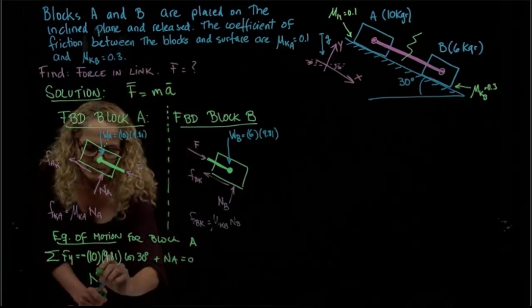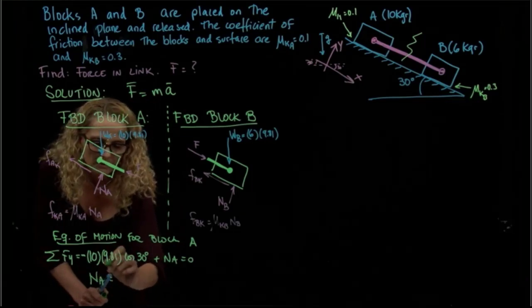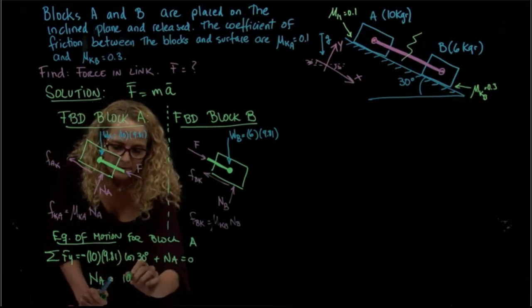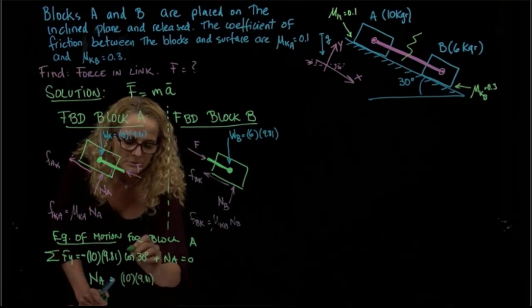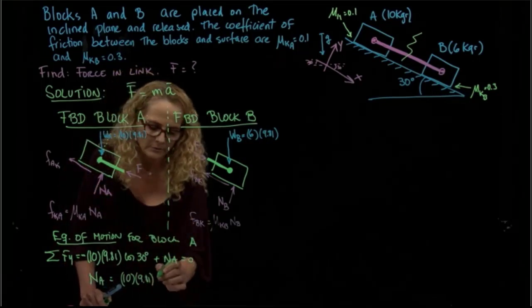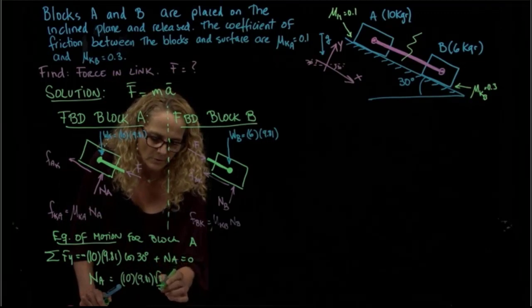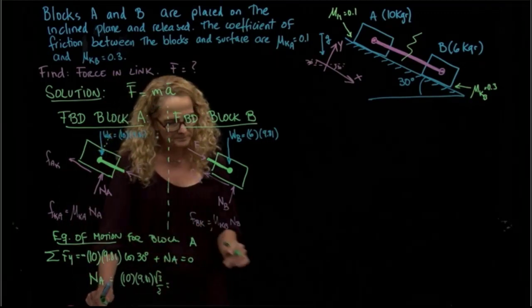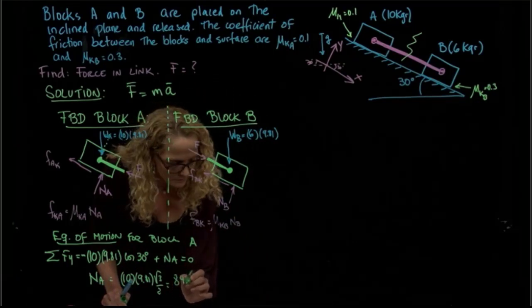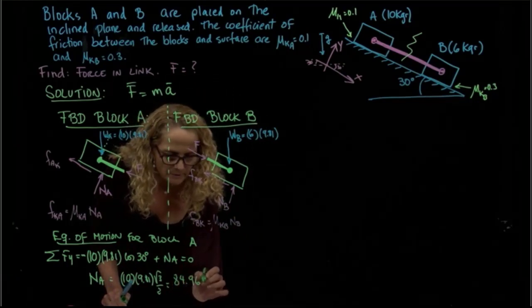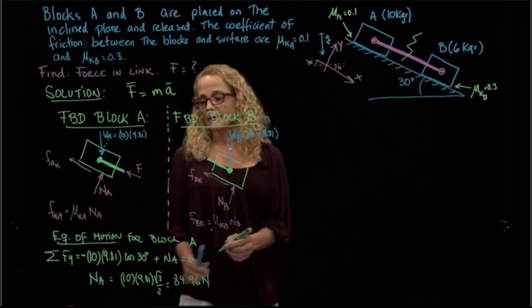So NA is equal to 10 times 9.8 times cosine of 30, you know that is square root of 3 over 2, and that's equal to 84.96 newtons. So I already have NA.